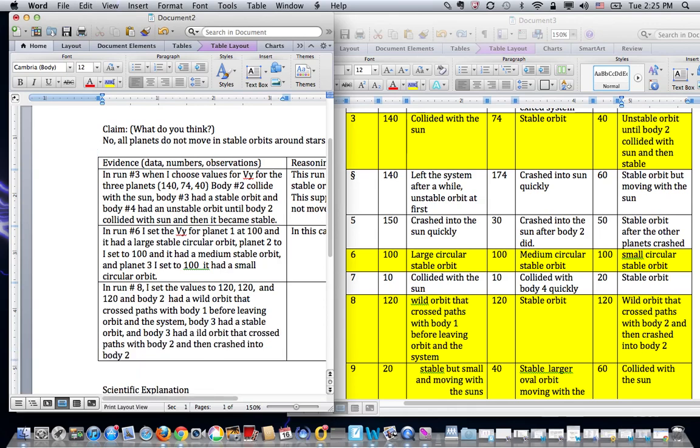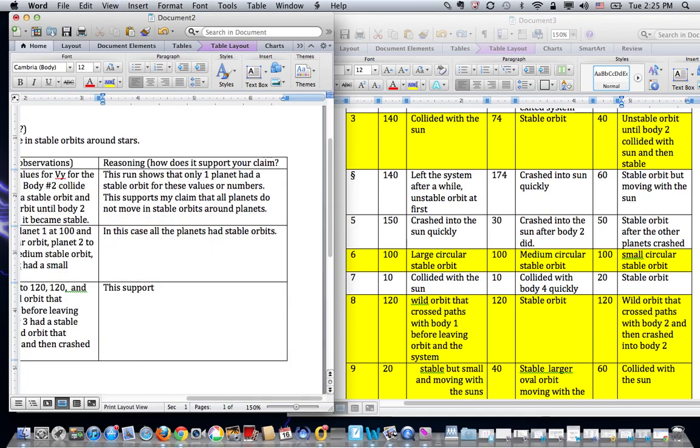I just put in had a wild orbit that crossed paths with body 2 and then crashed into body 2. This supports my claim that all planets do not have stable orbits.